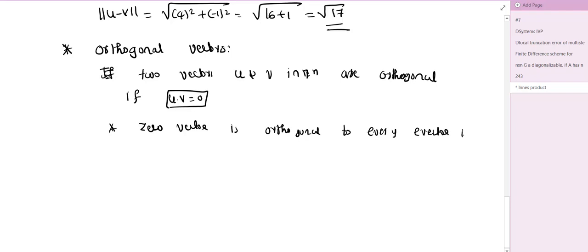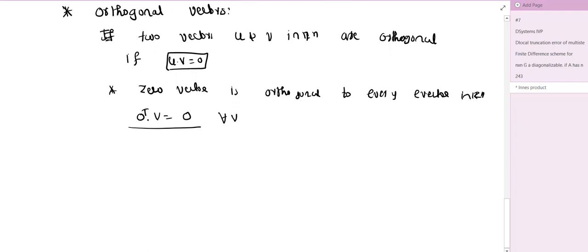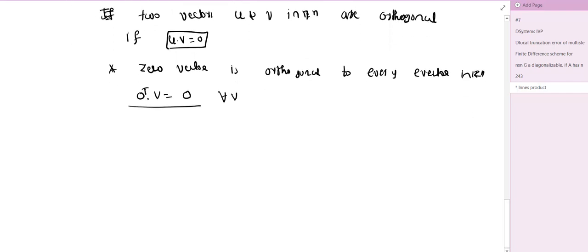Okay, so it's very important because you take the 0 vector and you can see that the inner product of the 0 vector and any vector v will be equal to 0. This is true for every v. Hence, we say that the 0 vector is orthogonal to every vector. So we also see that there is something called orthogonal component.